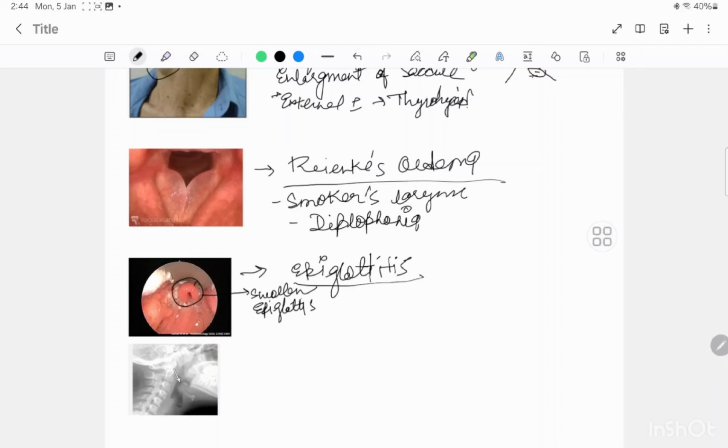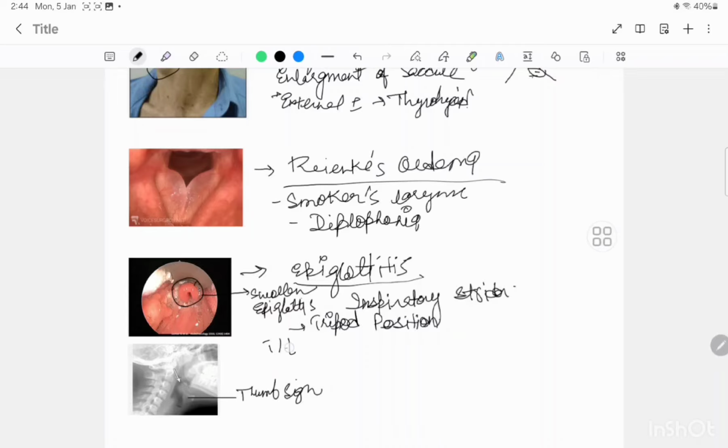In epiglottitis there is inspiratory stridor and tripod positioning. Patients usually sit in tripod position, and in X-ray we have the thumb sign. On endoscopy it's a swollen epiglottis, and on X-ray we have the thumb sign.